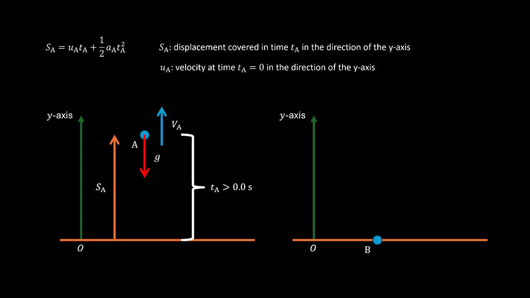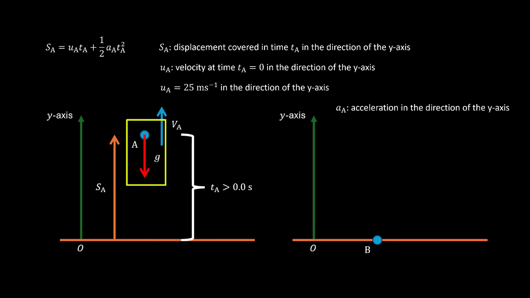U subscript A is the velocity at time t equal to 0 in the direction of the y-axis, and here U subscript A is equal to 25 meters per second. Our acceleration is opposite to our y-axis, so it is an acceleration of minus g in the direction of the y-axis. We can write a subscript A is equal to minus g.